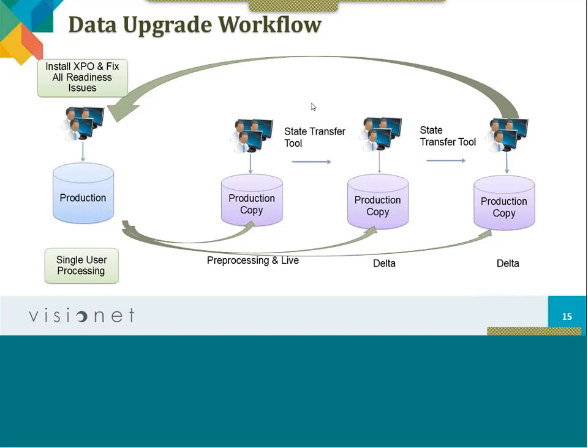So when I was talking about there is no downtime, this is how you actually are saving downtime, where you're actually taking a copy of your production and you're running all the pre-processing, you're running all the different mappings, you're running all the checklist where the chart of accounts need to be mapped.